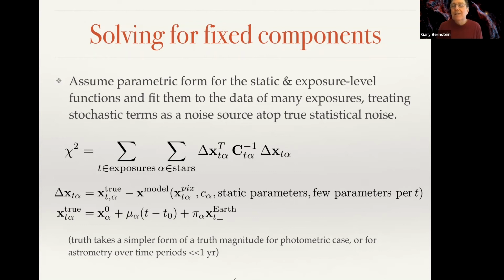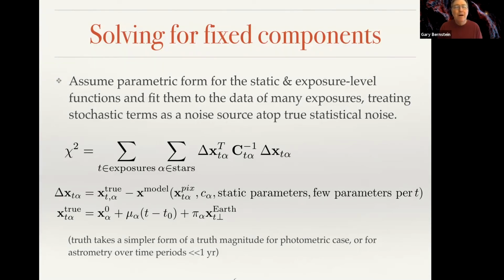this. It's quite straightforward. It's just a chi-squared minimization where we are going to minimize the residuals delta x between some truth value for each star and what a model that we create predicts for them.